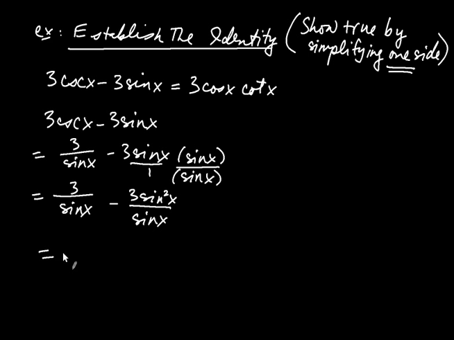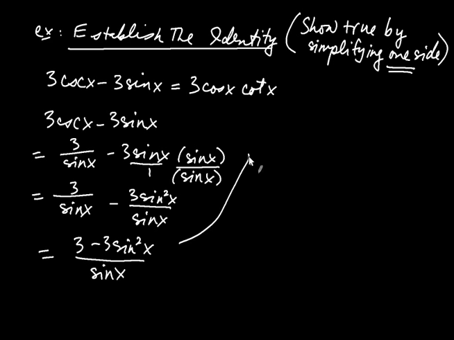And now that they have the same denominator, I'm going to write this as 3, this numerator, take away that one, take away 3 sine squared x, all divided by the common denominator, which is sine. And now I'm trying to simplify this still. So I see I have that sine squared, and when I see that, it makes me think of 1 minus sine squared. So I'm going to factor a 3 out of both of these.